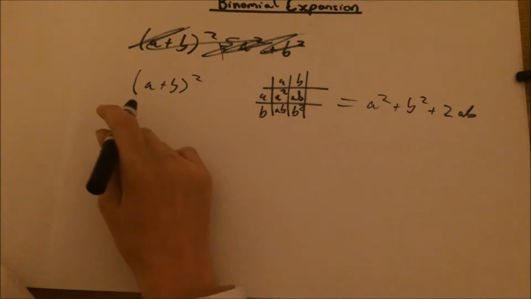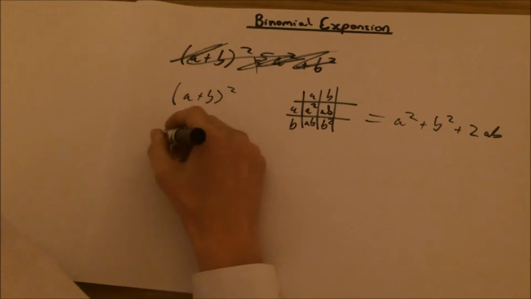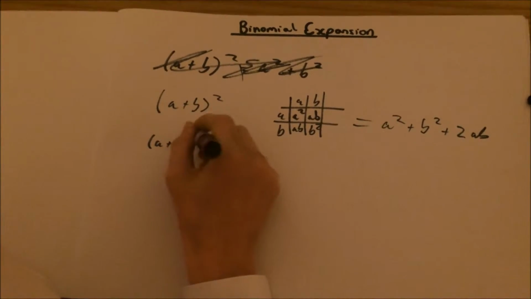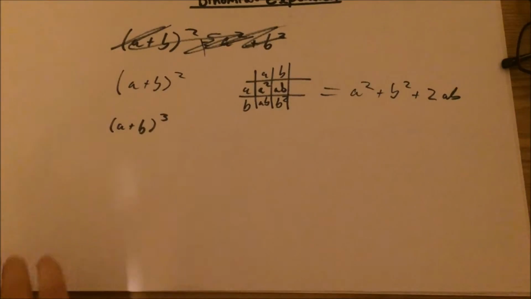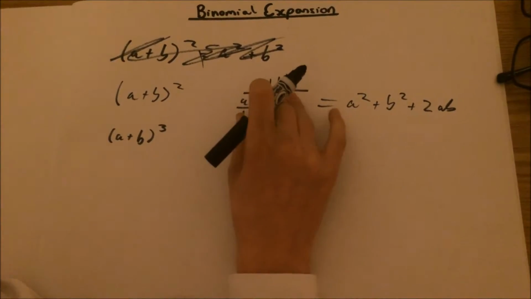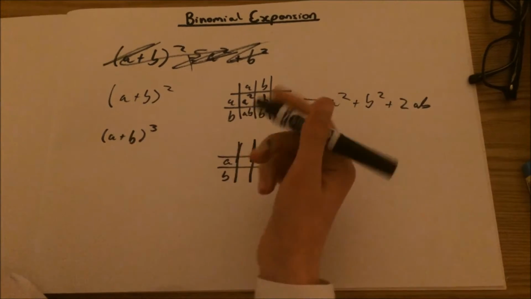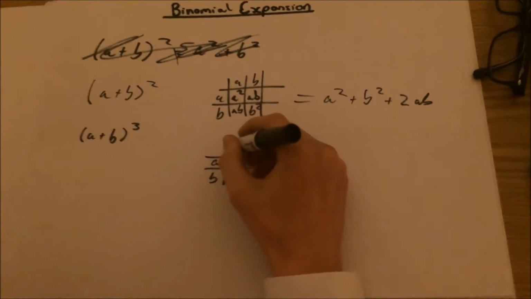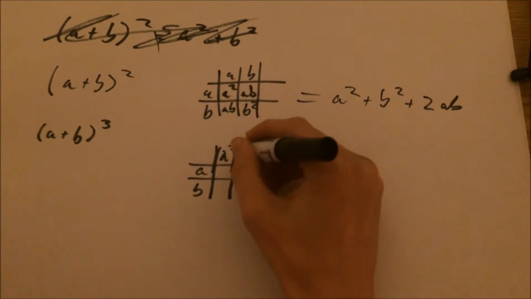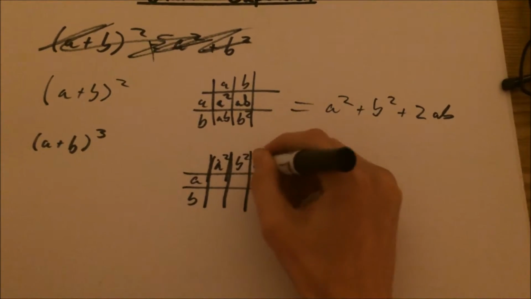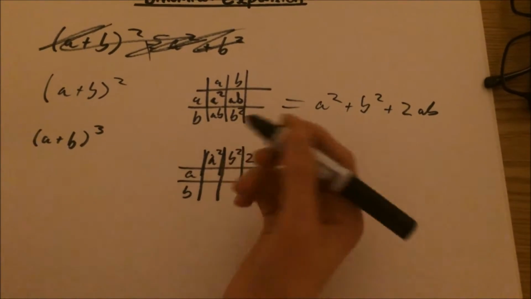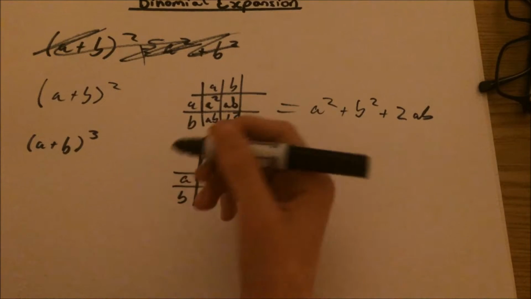So let's work out (a plus b) to the 3, or cubed. We would take the results of this grid and again multiply it by a and b. A and b here, and then these terms go here. And then to work out each box, we again multiply it.